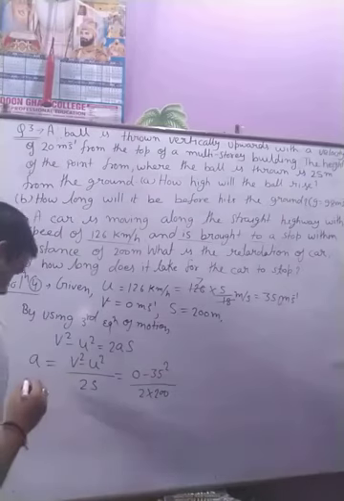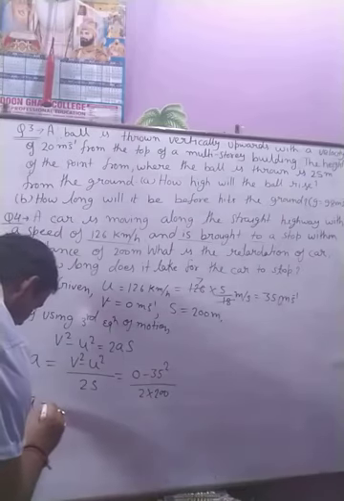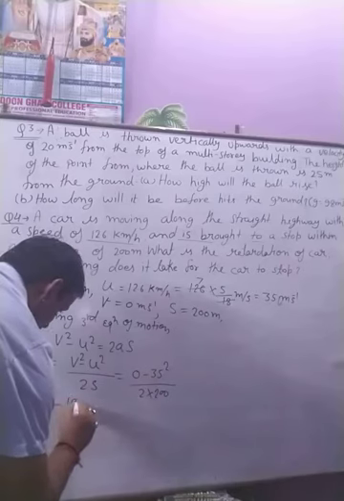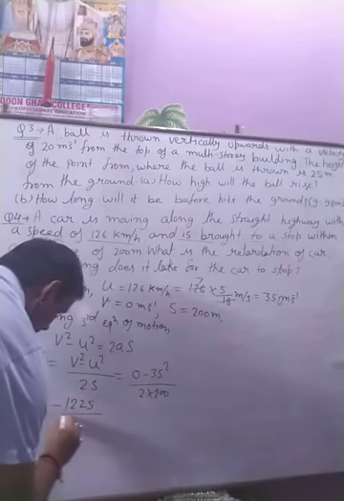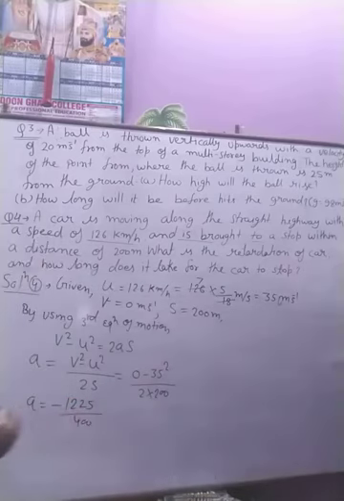On solving we get acceleration is minus 1225 upon 400.